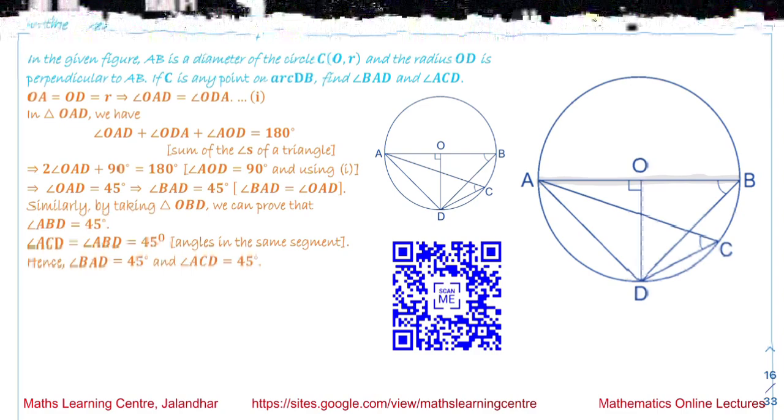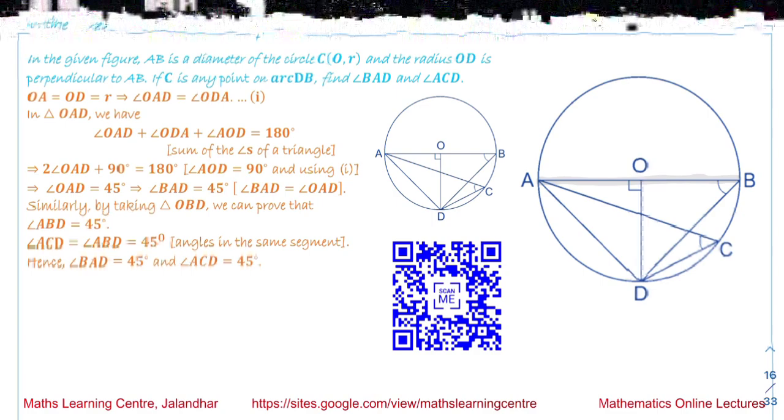To prove this, we have done the construction and joined A and D. Now, if AB is the diameter, then this angle ADB will be 90 degrees, because it is an angle in a semicircle.